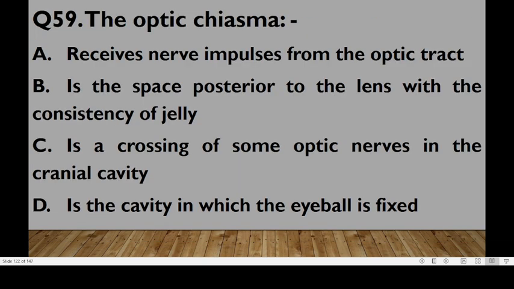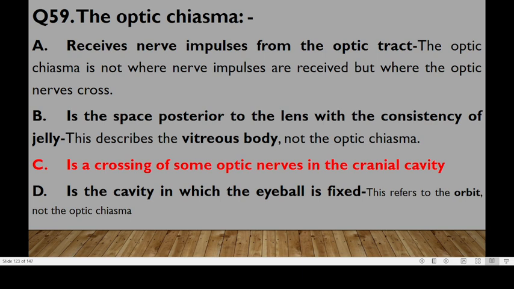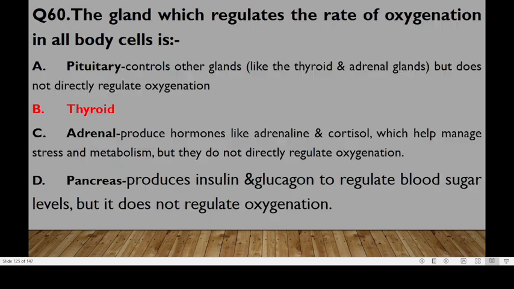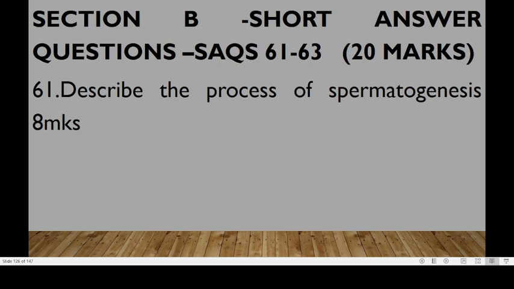The optic chiasma is a crossing of some optic nerves in the cranial cavity. The gland which regulates the rate of oxygenation in all body cells is the thyroid gland.